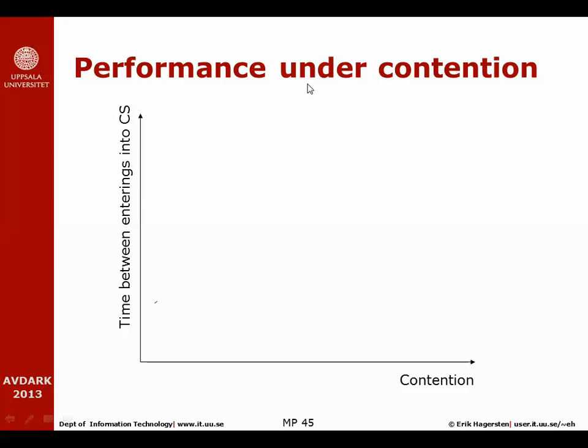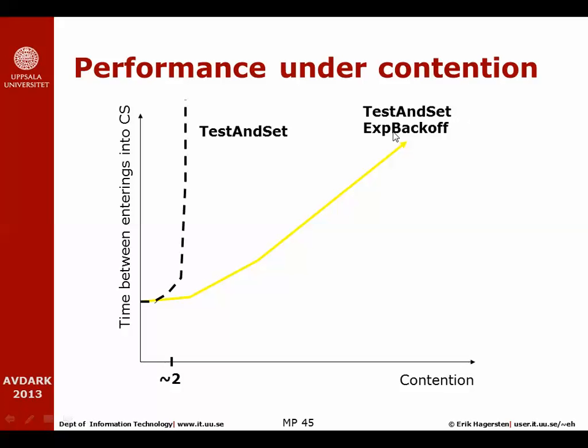So in summary, looking at all these different implementations of synchronization, if you look at the time between entering the critical section and how that is affected by contention, we have the test and set algorithm. It's good at 2, 4, 6, but then it goes up fairly steeply. We have the test and set with exponential backoff, that's better.